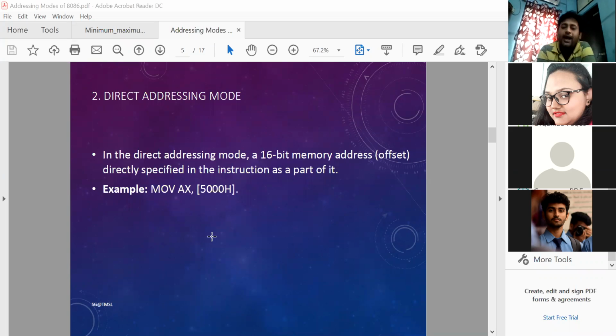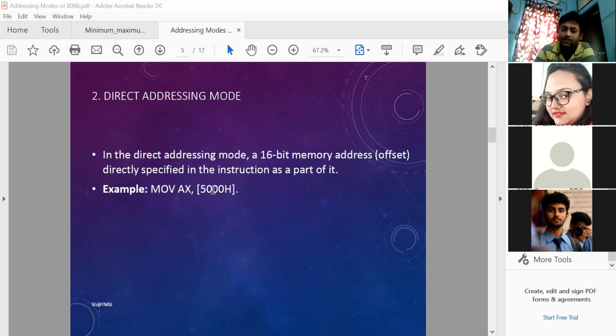Clear? And if you want to access 16-bit data at a time, you need two consecutive memory locations, in this case 5000 and 5001. These two memory locations are used to store 16-bit data, 8 bits in 5000 and another 8 bits in 5001. When this instruction is executed, both 8-bit data bytes, total 16 bits, are loaded inside the AX register.